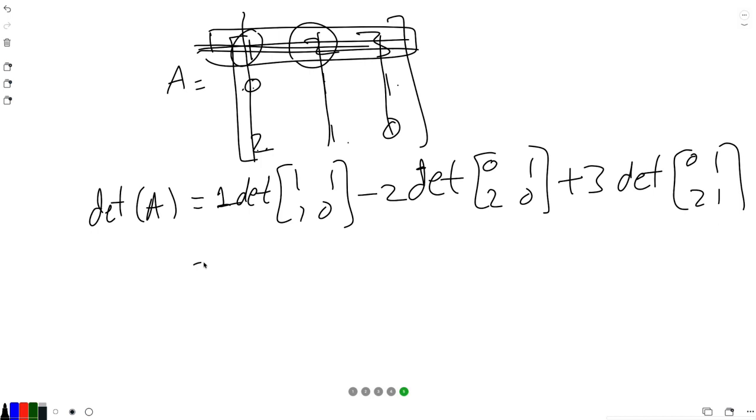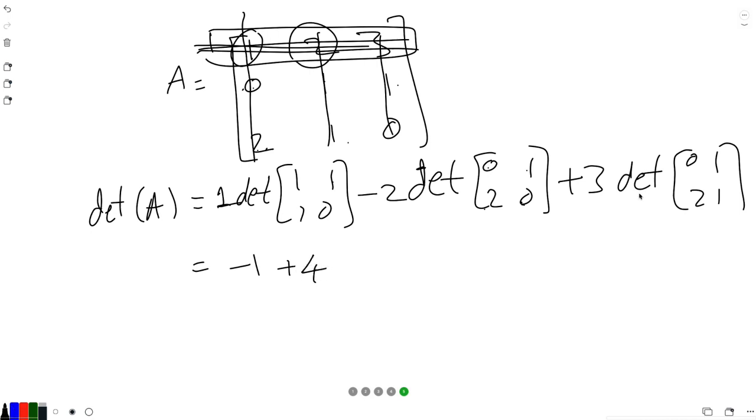This can be found like this: 1 times the determinant of this minor is 1 times 0 is 0, 0 minus 1 is -1, so it becomes -1. Then -2 times the determinant: 0 times 0 is 0, 0 minus 2 is -2, so it becomes +4.